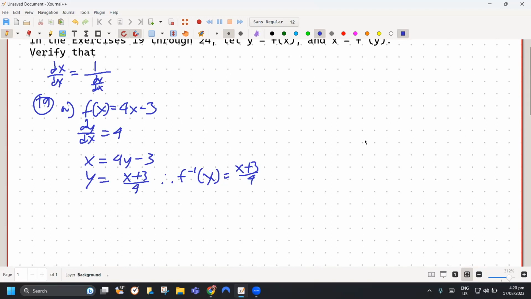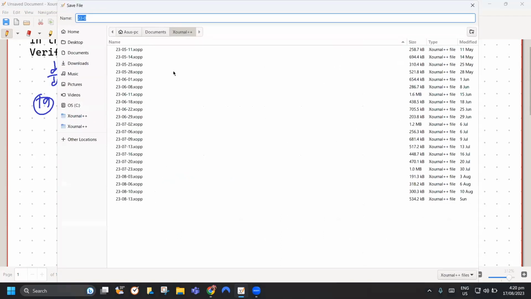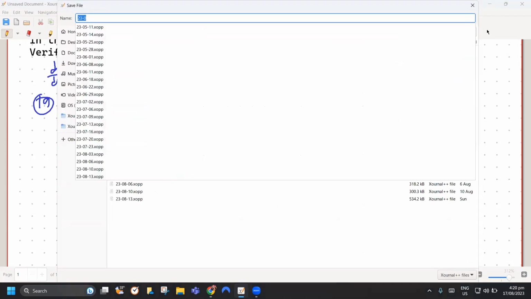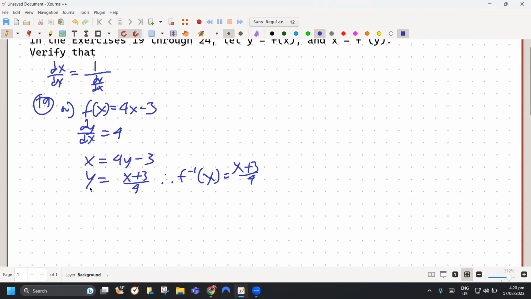Ngayon, ang f inverse evaluated at y, so f inverse of y is y plus 3 over 4. Hindi, tama yan. F inverse of x kasi yung ginawa natin dyan eh. So f inverse of x is x plus 3 over 4. Ngayon yung next, therefore, f inverse evaluated at y is equal to y plus 3 over 4. Okay, so ano derivative niyan?